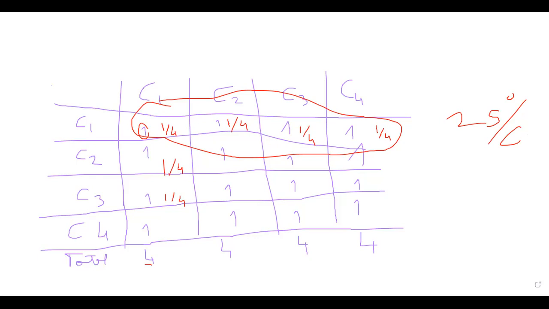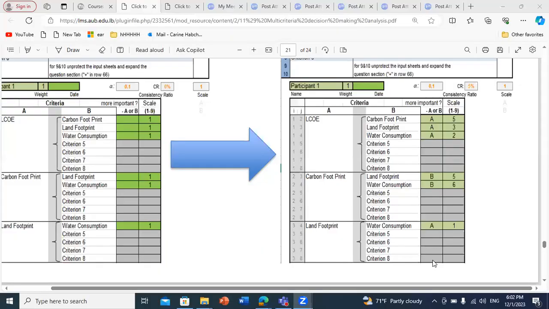So I will start by saying, if I compare LCOE versus carbon footprint, do you see now the screen again, the table of criteria? No. Okay, let me share again. Do you see it now? Yes. Okay, so this is my table.